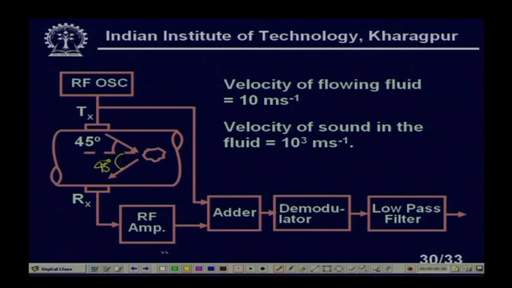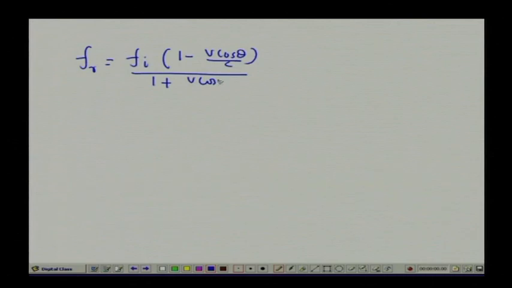Let us take a blank page. From our previous expression, we can write Fr, the frequency of the reflected wave, equal to Fi times (1 minus V cos theta by C) upon (1 plus V cos theta by C), right.